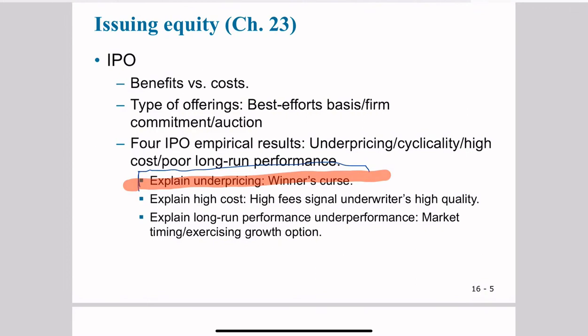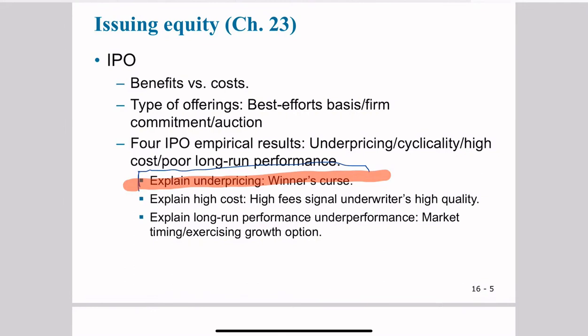And then why are there poor long run performances in IPOs? The explanations are, first, market timing. That is, a firm will only file for IPO when it is overvalued. So investors will buy overvalued shares at IPO. And in the long run, overvalued shares will go back to their fundamental value.